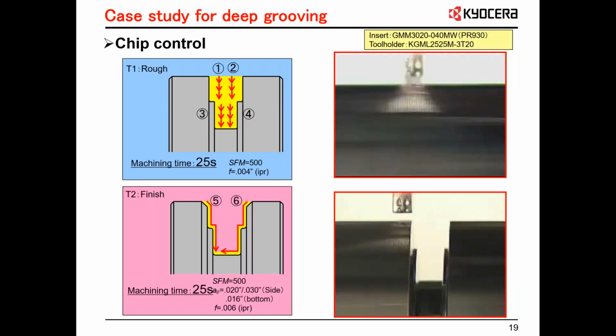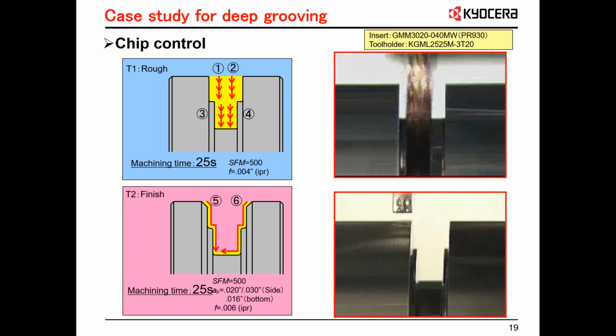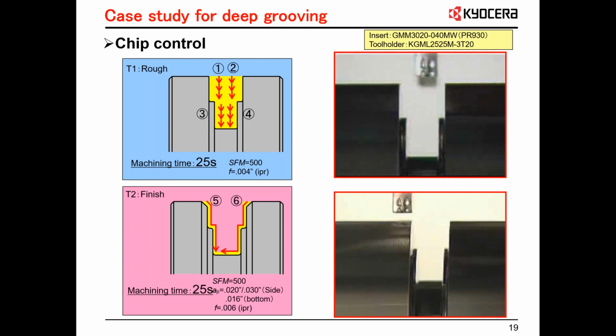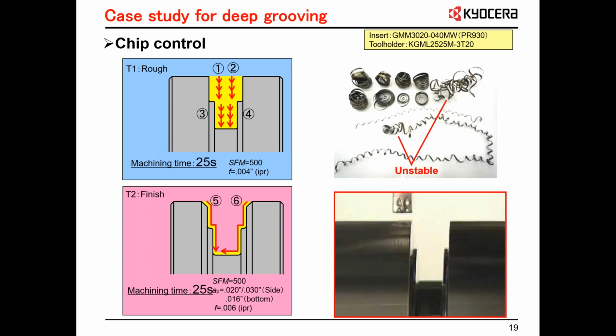So now we're going to look at the new process here, the roughing and the finishing. The first is the roughing. And now the finishing move. Oh, and you can also see we're still getting unstable chip control. We're speeding up the process, okay?